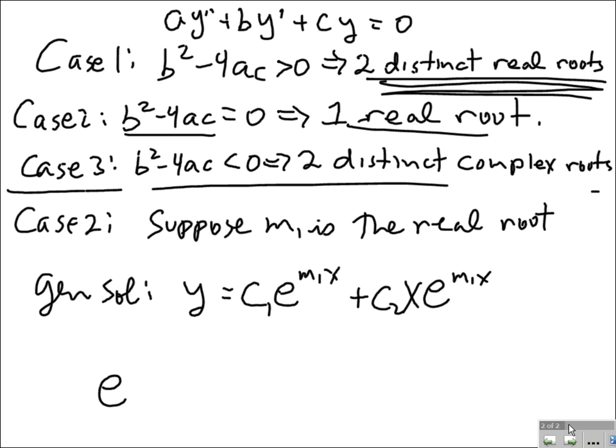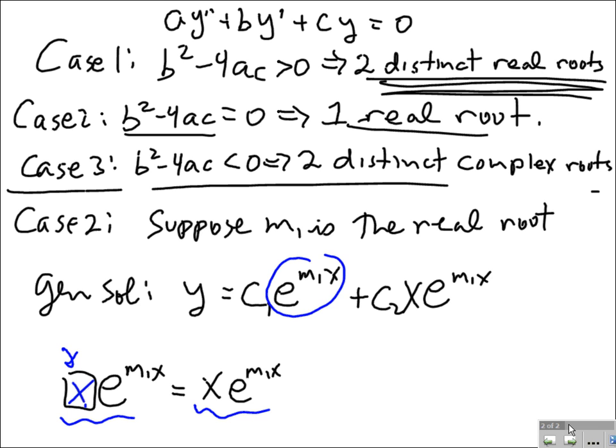it means you can't multiply e to the m1x by a constant and get back x times e to the m1x. The only thing that can go into that box is x. x e to the m1x equals x e to the m1x. That's not a constant. Okay, this is one solution, this is the second one, and I'm taking a linear combination.